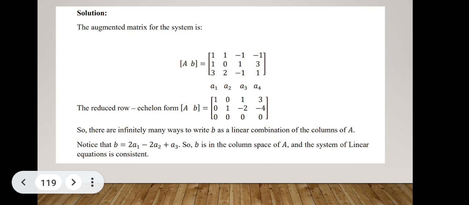The reduced row echelon form of [A | b] is 1, 0, 1, 3; 0, 1, -2, -4; and 0, 0, 0, 0. So there are infinitely many ways to write b as a linear combination of the columns of A, and we can see that b = 2a1 - 2a2 + a3. So, b is in the column space of A and the system of linear equations is consistent.